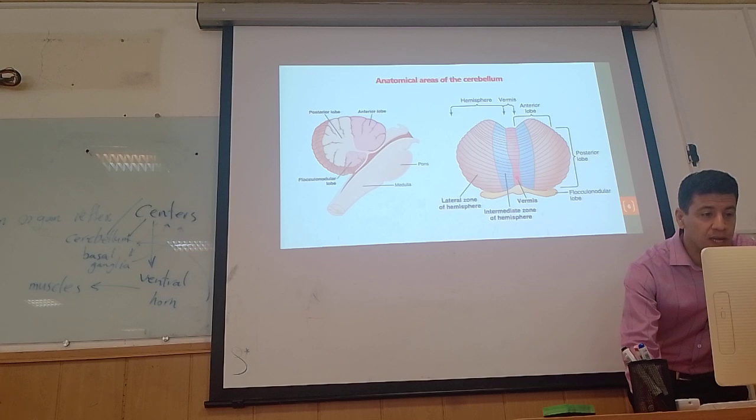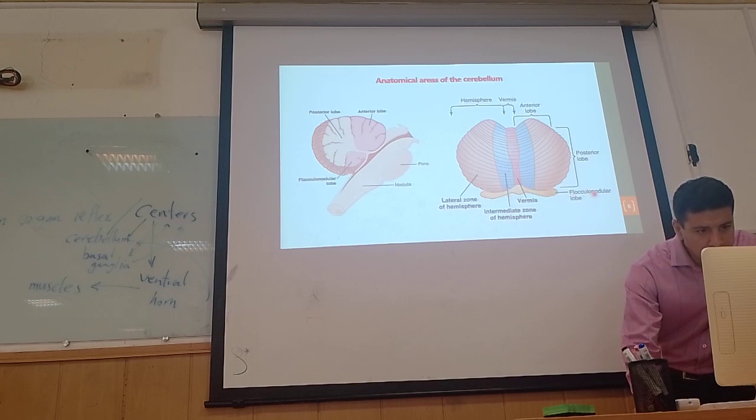The vermis is located in the midline. Then we have the lateral hemispheres, which have two parts: the intermediate zone and the lateral zone. We also have the floccular nodular lobe here.